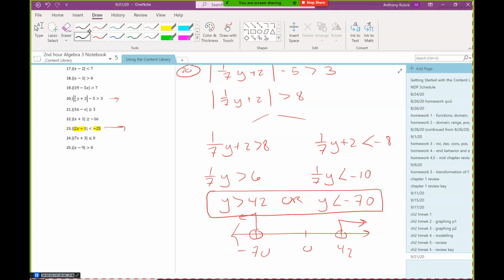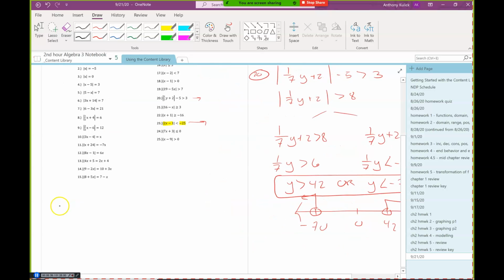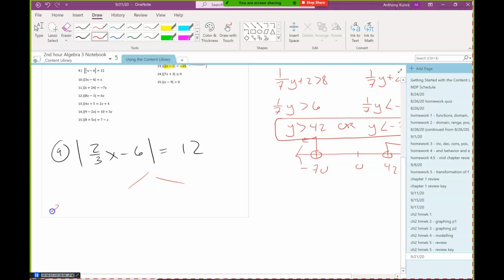Ben? Yeah. You do number 9. Number 9? Yes. So the first thing we'd want to do is to get the absolute value part by itself, but that's already done for us. So we'll split this into 2 equations.